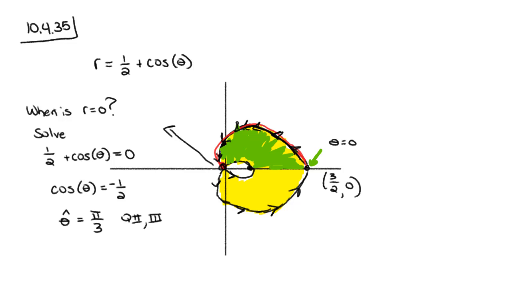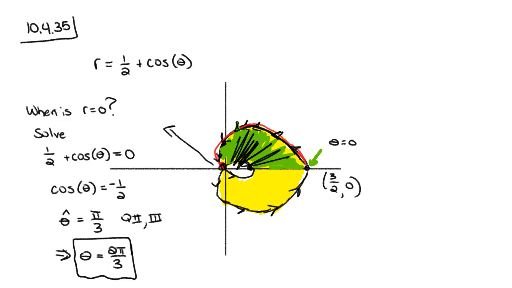So I'm going to use the quadrant 2 angle. That will imply that theta here is 2 pi over 3, a quadrant 2 angle with the reference angle of pi over 3. So here's the deal. I get all of this stuff, including that inner loop, shaded from angle 0 to angle 2 pi over 3.